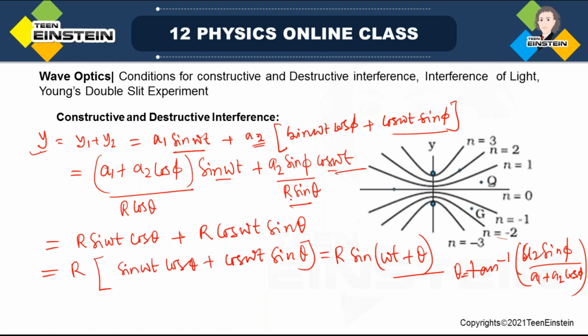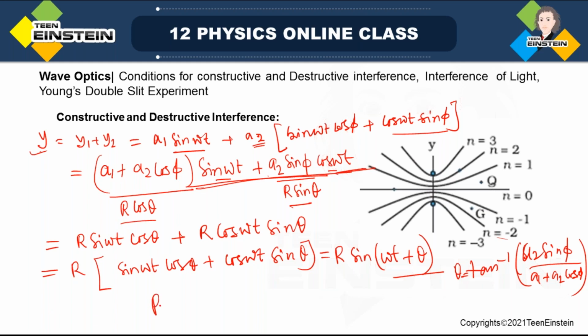To convert into that, we are doing this part. Also we don't have a unique amplitude in this expression, and we need to know the intensity of the interference pattern. To know intensity, you need to know the amplitude. So this amplitude I'll get as R.